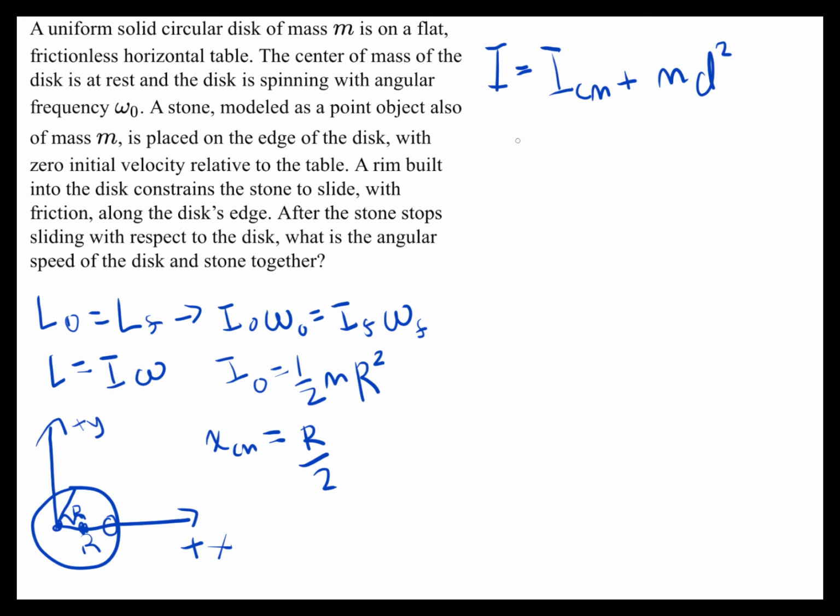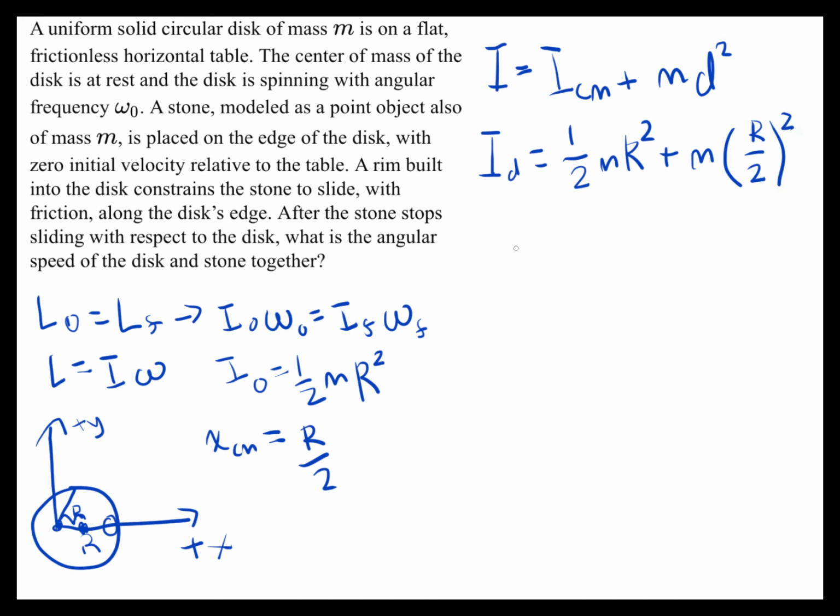So let's calculate the new moment of inertia of the disk. It is equal to the moment of inertia around the center of mass, 1/2 mr squared, plus the mass times the distance, r/2, squared.